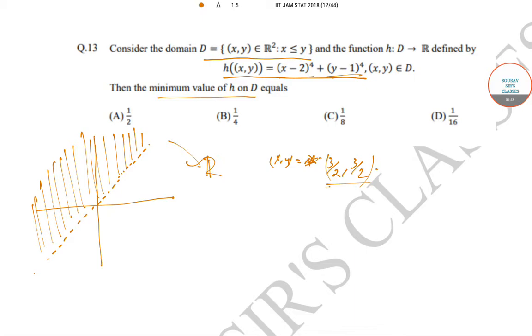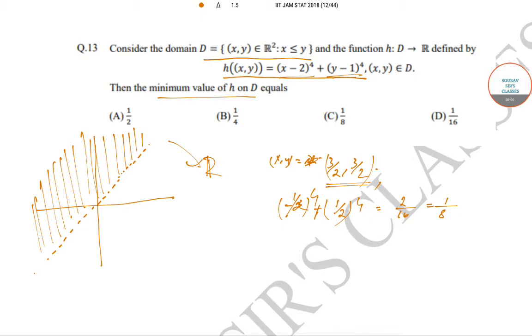What happens at (3/2, 3/2)? x minus 2 becomes minus half and y minus 1 becomes half. So this to the 4 plus this to the 4 becomes 2 by 16, which is 1 by 8.